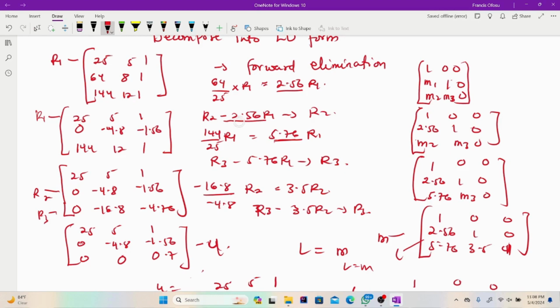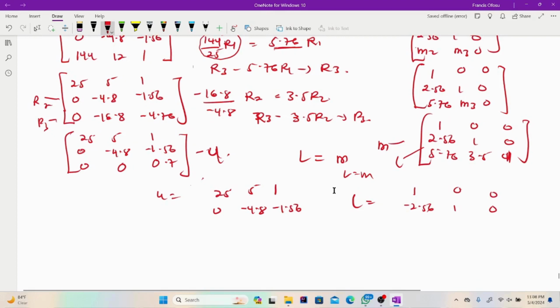This would have given us negative 2.56, right? For that reason, if you are to take the L, you have to take the negative of that. But here, I will always advise you to take the multiplier to be just the quotient. Once you take this multiplier, then there is no need to negate your entries here.